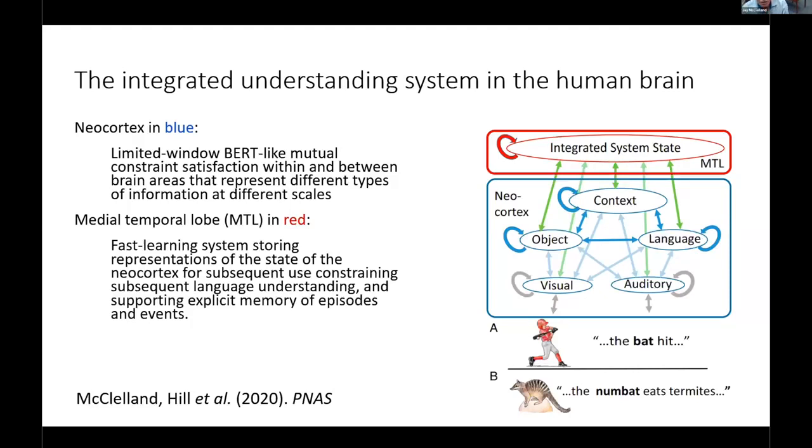So that's my updated, slightly modified perspective on how we could take contemporary large language models and begin to build something more like a psychological model of the complementary learning systems that would actually capture the capabilities of these language models in a psychologically more realistic way, and interface them with a medial temporal lobe-like learning system.